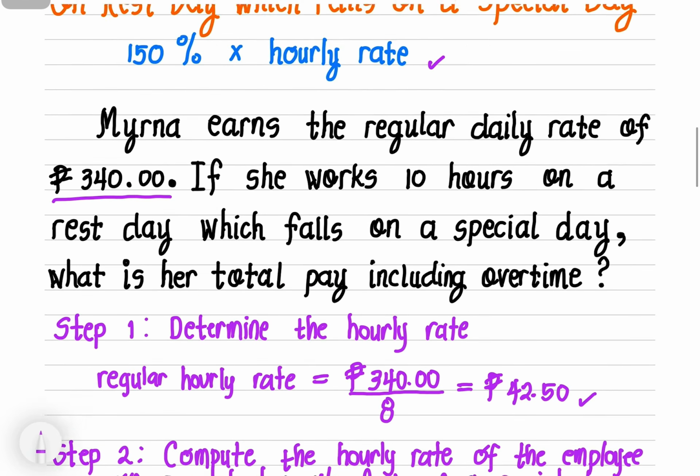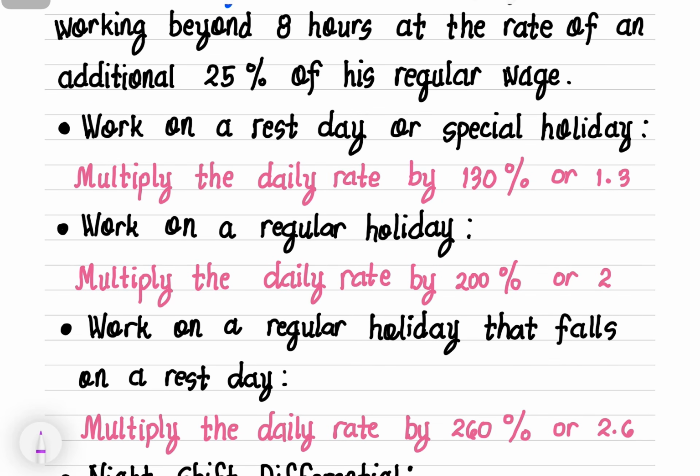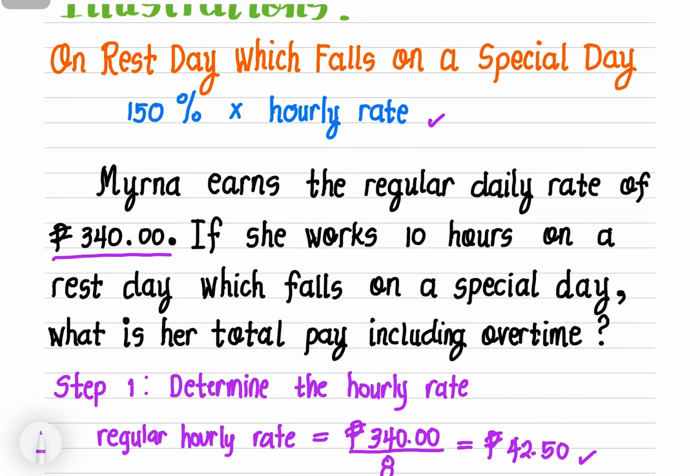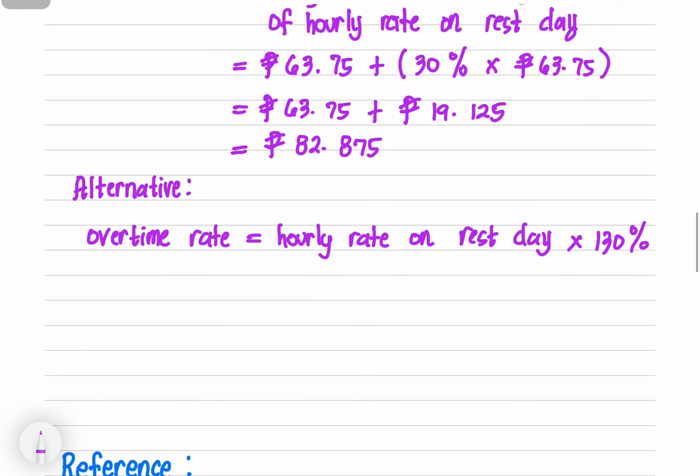Okay, balikan natin dito yung concept natin. Work on rest day or special holiday, multiply the daily rate by 130% or 1.3. Kasi, base sa given, if she works 10 hours on a rest day which falls on a special day, what is her total pay including overtime? So, dito, rest day which falls on a special day. Kaya, ganito yung magiging solution natin.